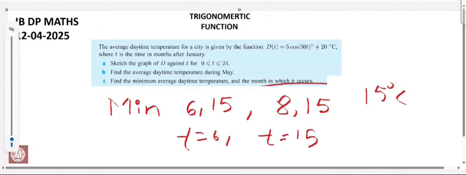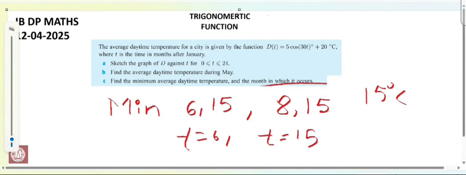One second, sir. April. T6 will be April. T15, sorry, T15 will be April, like next year, April.